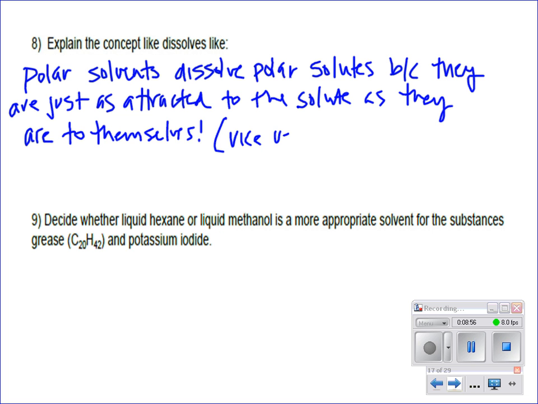Vice versa for nonpolar, nonpolar. Okay, there's no energy loss there.